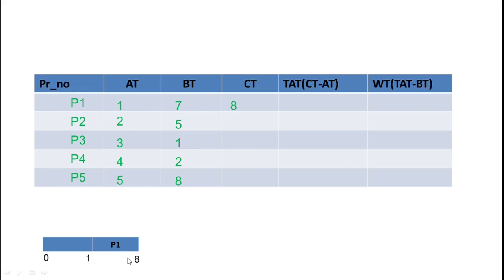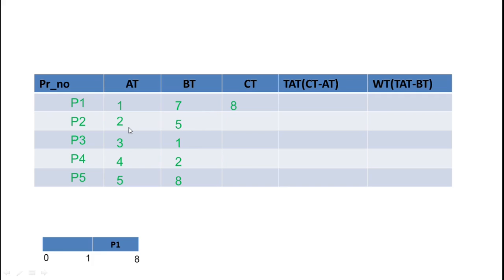But by 8 milliseconds, all the processes had arrived. P2 arrived at 2 milliseconds, P3 at 3, P4 at 4, and P5 at 5 milliseconds. We did not start the execution of P2, P3, P4 and P5 because at that time P1 was in execution, so they were waiting. These 4 processes are ready to execute.